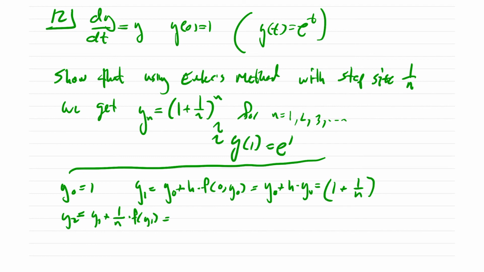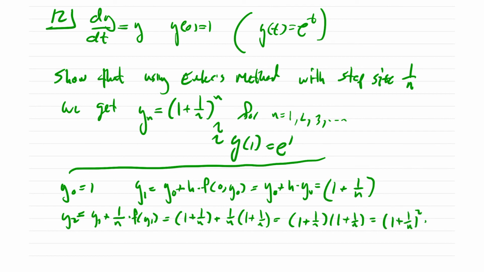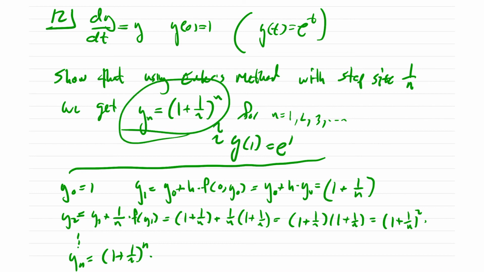And so then that's going to be 1 plus 1 over n plus 1 over n times (1 plus 1 over n), and that is equal to, we'll factor out 1 plus 1 over n, you get (1 plus 1 over n) times (1 plus 1 over n), and so that's (1 plus 1 over n) squared. And then by induction you can prove that this works for 3, etc. And so that means that y_n should then be (1 plus 1 over n) to the nth power. Right, and that is exactly what we were trying to prove. And so I can say this by induction.